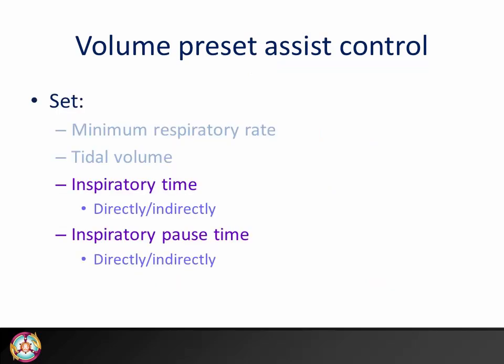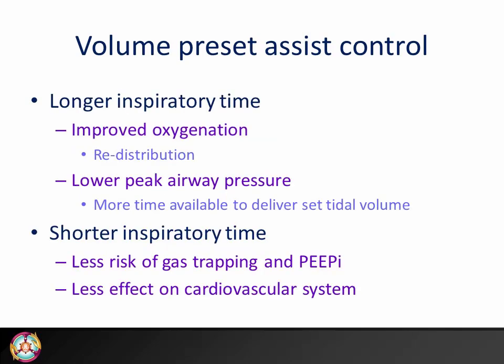As well as setting the tidal volume and the minimum respiratory rate, you need to set the inspiratory time and inspiratory pause time. These may be set directly or indirectly. Longer inspiratory times result in improved oxygenation due to the longer time available for redistribution of gas. At the same time, peak airway pressures are reduced because more time is available to deliver the set tidal volume.